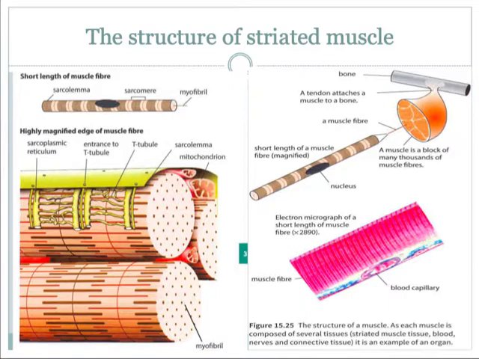The parts of the fiber are known by different terms. The cell surface membrane is the sarcolemma, the cytoplasm is the sarcoplasm, and the endoplasmic reticulum is called the sarcoplasmic reticulum. The cell surface membrane has many deep infoldings into the interior of the muscle called transverse system tubules, or T-tubules, and these run close to the sarcoplasmic reticulum.